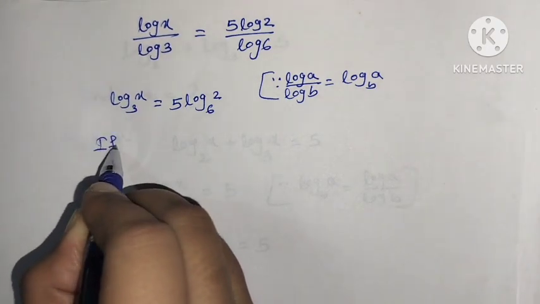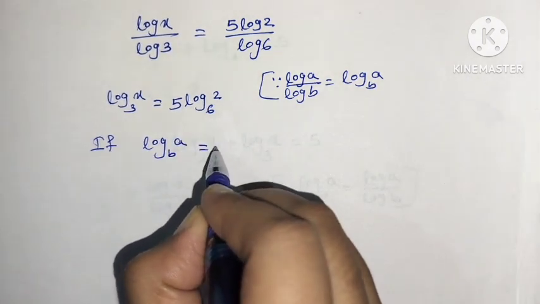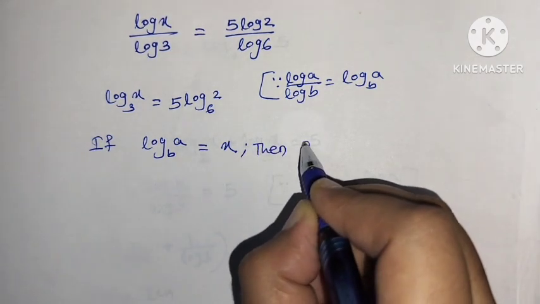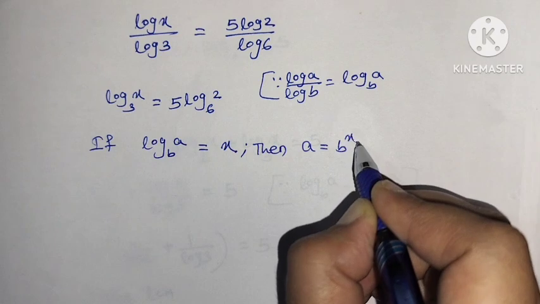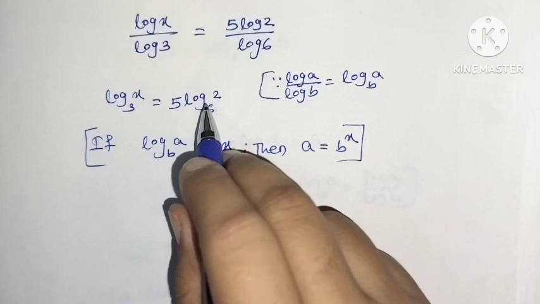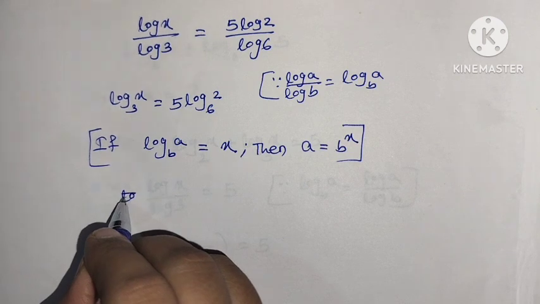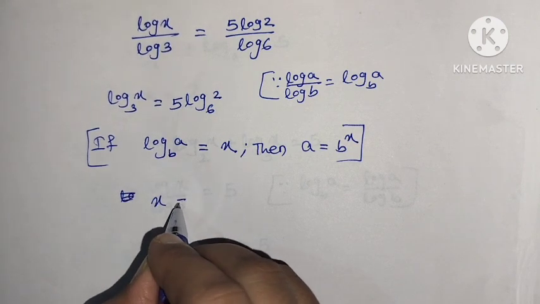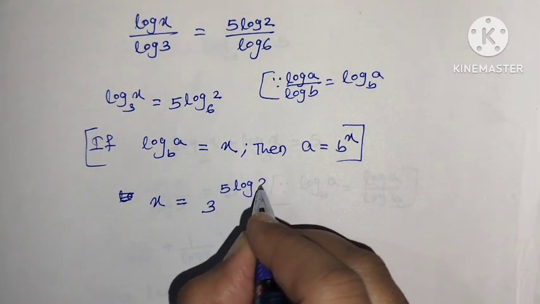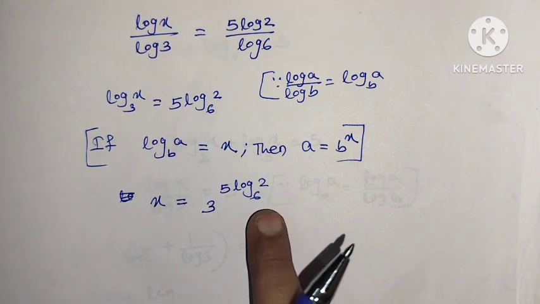Yes, if log a base b is equal to x, then a is equal to b to the power x. This formula we apply here. Then x is equal to 3 to the power 5 log 2 base 6.